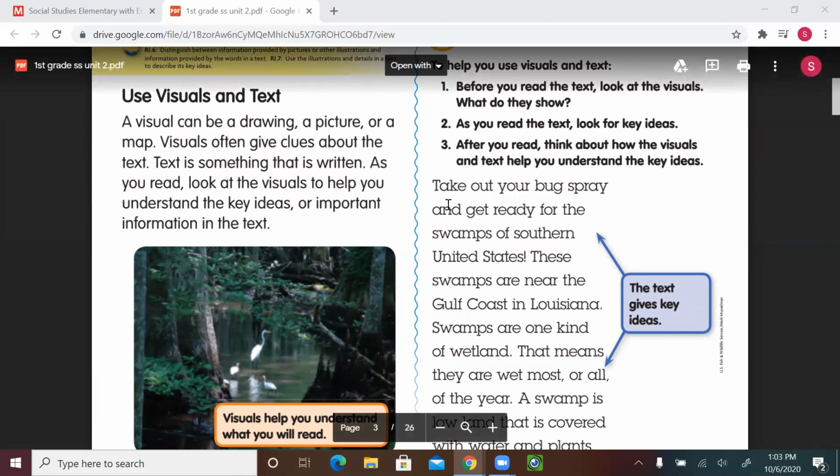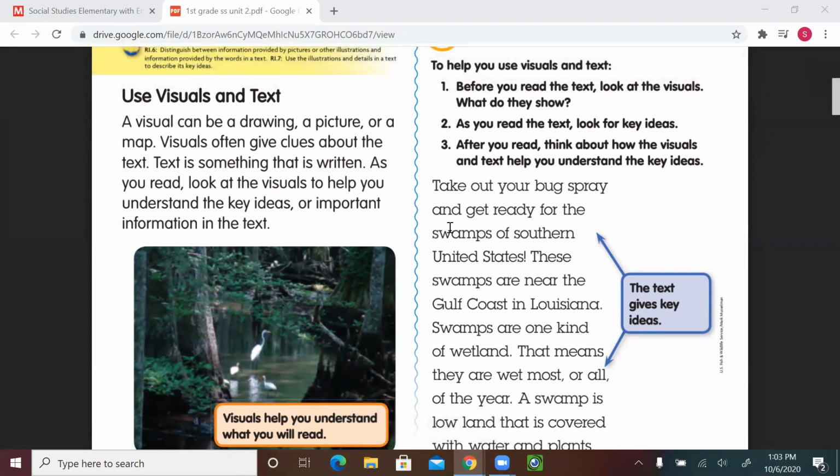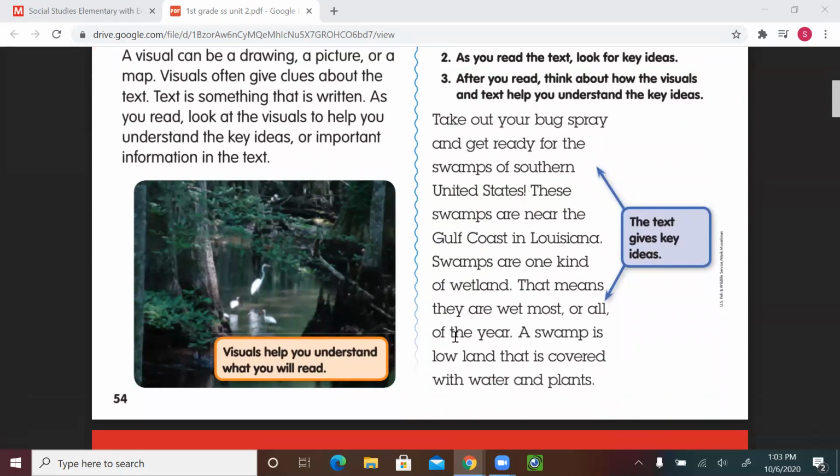All right, take out your bug spray and get ready for the swamps of the southern United States. These swamps are near the Gulf Coast in Louisiana. Swamps are one kind of wetland. That means they are wet most or all of the year. A swamp is lowland that is covered with water and plants.